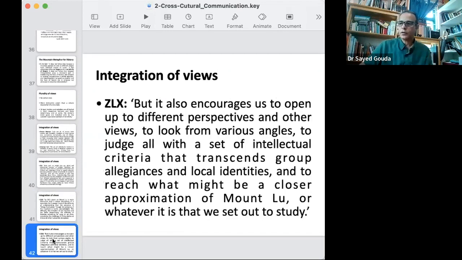Far away is the Western approach, and up close is the Chinese native scholars. We need both approaches. But it also encourages us to open up to different perspectives and other views, to look from various angles, to judge all with a set of intellectual criteria that transcends group allegiances and local identities, and to reach what might be a closer approximation of Mount Lu or whatever it is that we set out to study.